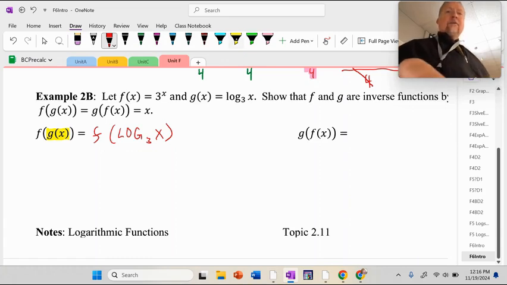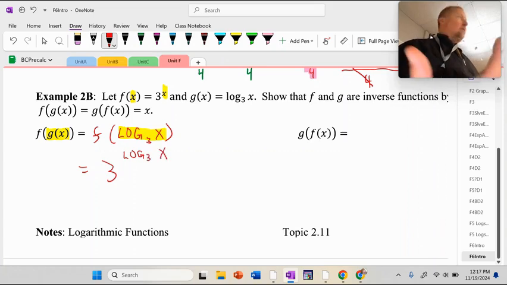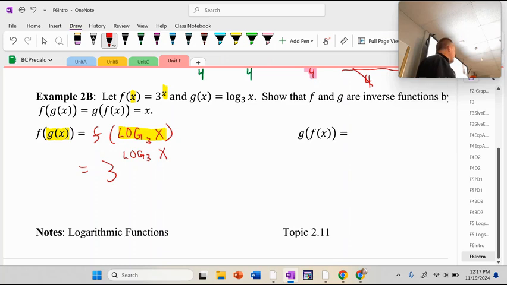I'll highlight that in yellow. And f of x equals 3 raised to the x. So then this is 3 raised to the log base 3 of x. And then what am I supposed to get out of this if they are truly inverses? What am I supposed to get?